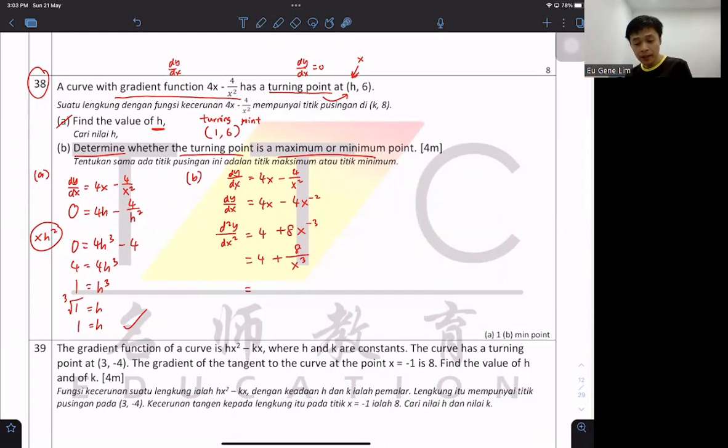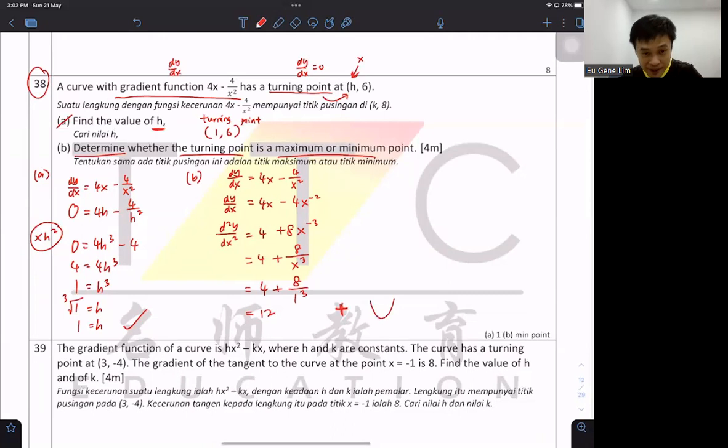Then you sub in, because the turning point, you see the turning point x is 1, right? The turning point x is 1. So you sub into d squared y over dx squared. 4 plus 8 over 1 cubed. You press the calculator, which is 12, right? d squared y over dx squared is 12. Positive, right?